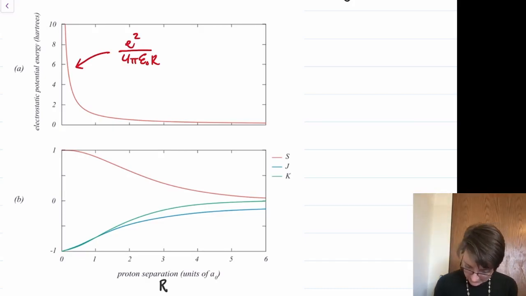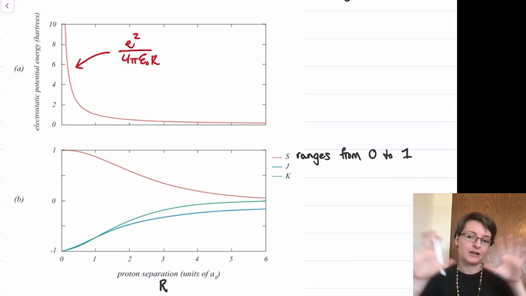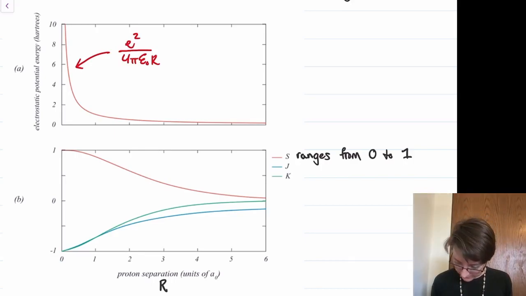You'll notice that S ranges from 0 to 1, showing that at large internuclear separations, there's no overlap between the two wave functions. If I put the two nuclei on top of each other, there'll be perfect overlap between the wave functions.